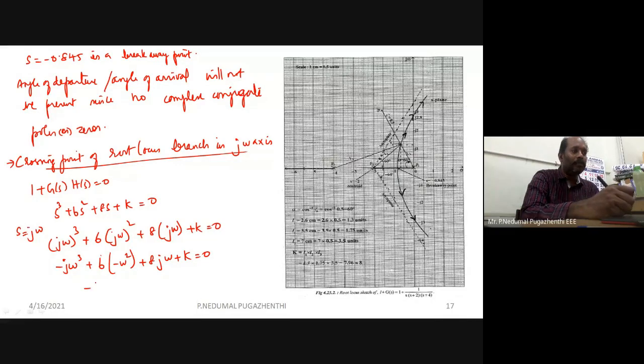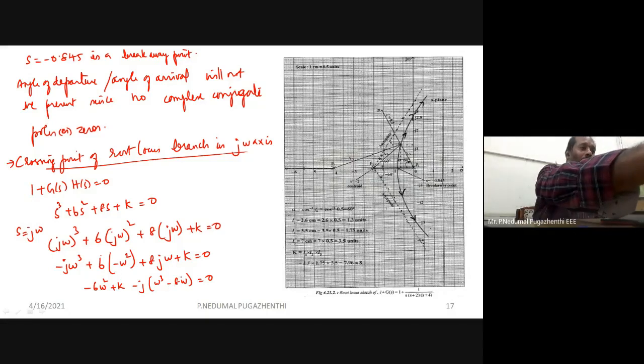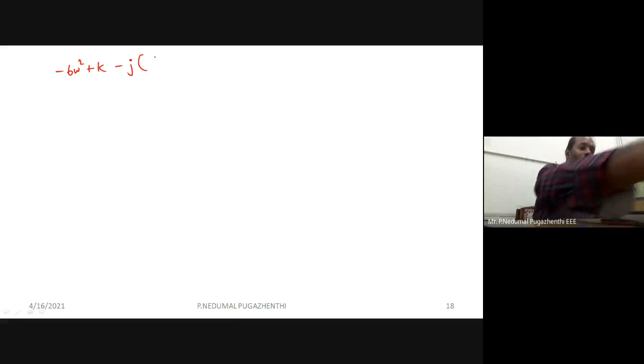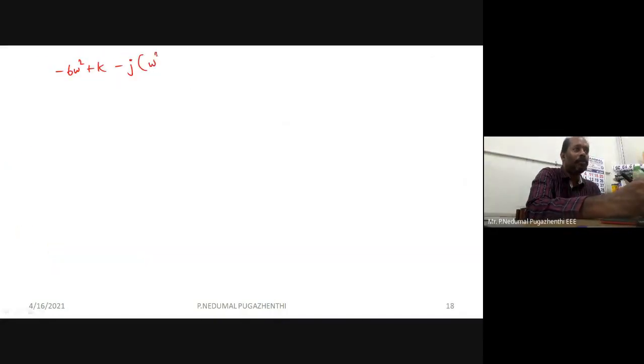So I will have minus 6 omega squared plus k, minus j into omega cube minus 8 omega is equal to 0. Okay, so I will take the same to the next page.